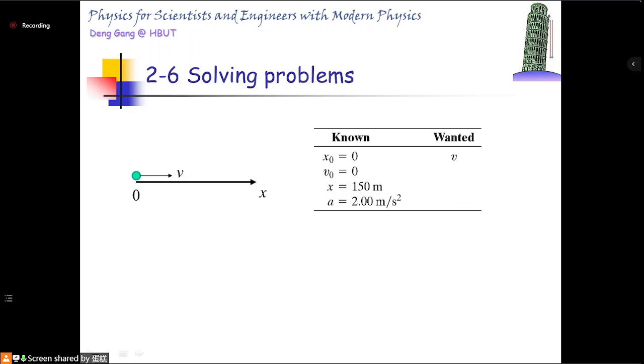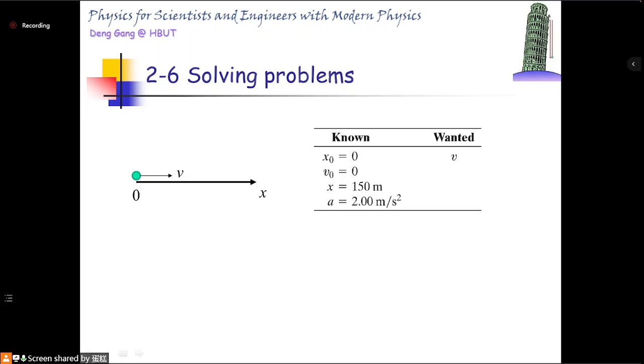And then we are going to find out what is known and what is wanted. We choose to start from here, so x0, the initial position, is 0. And the initial velocity should be 0 because the airplane should start at rest, right? That's reasonable. So V0 is 0.